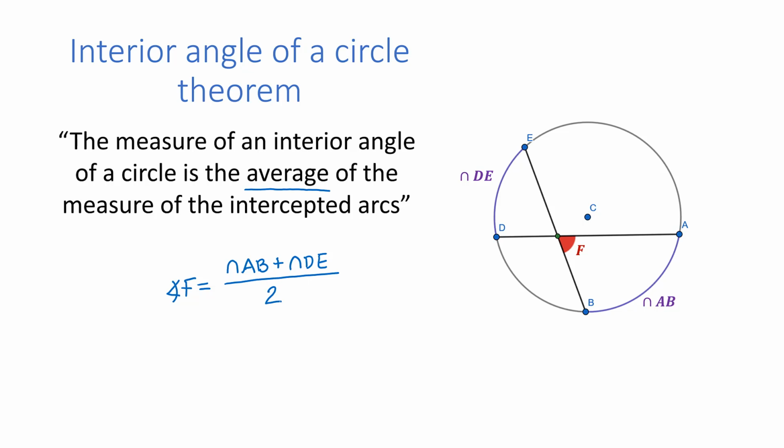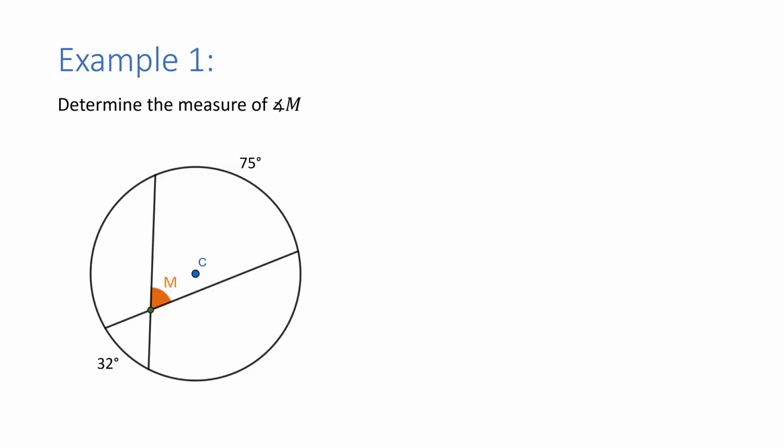Now let's see an example with values. Determine the measure of angle M. The theorem says that the interior angle, in this case angle M, is equal to the average of the intercepted arcs. The intercepted arcs in this example are the one that measures 32 and the one that measures 75.